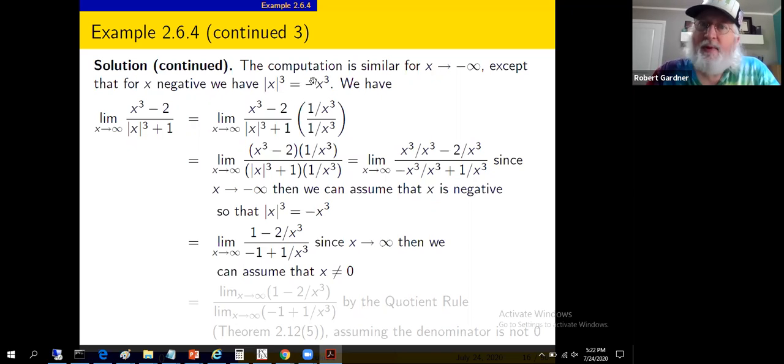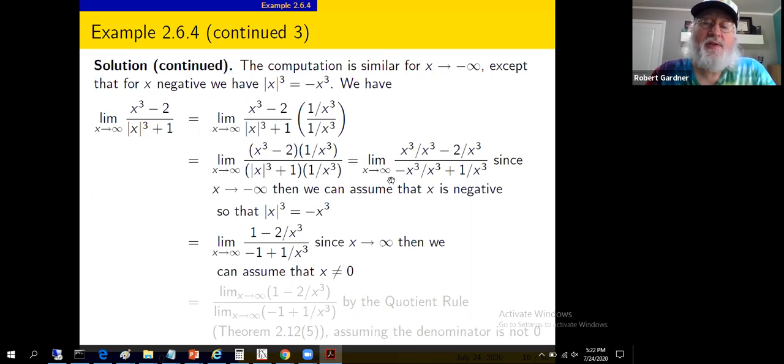You can't just drop them in this case. You could when x was positive, because you were dealing then with known positive quantities. Well, I can still get rid of them because I'm dealing with known negative quantities now. I just have to be a little more subtle. So when we look at the limit, we'll do the same computations as before, except now we're going to replace the absolute value of x cubed with negative x cubed.